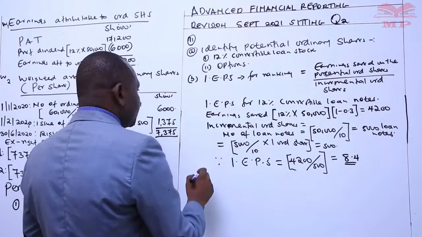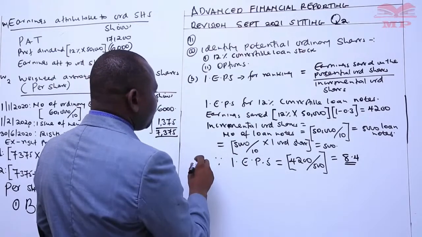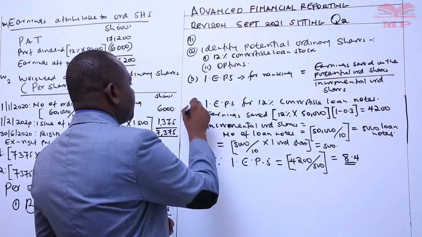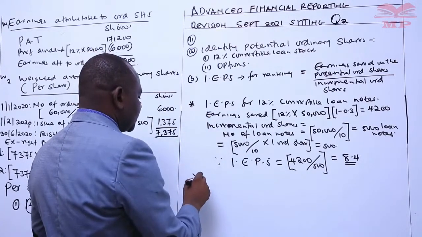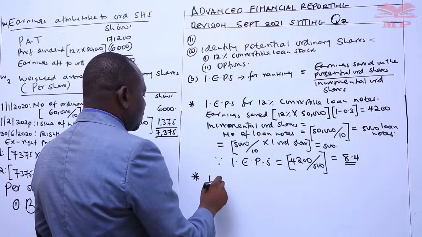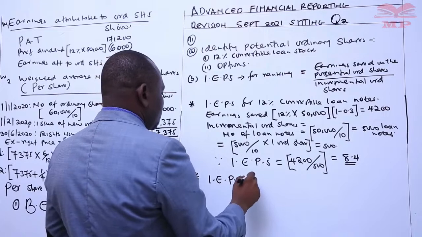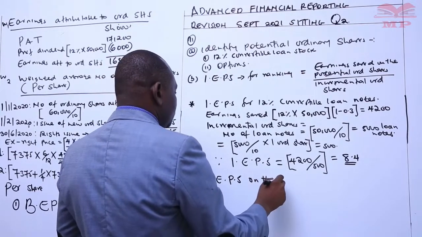The first one was this. And then the next is incremental EPS on the options.